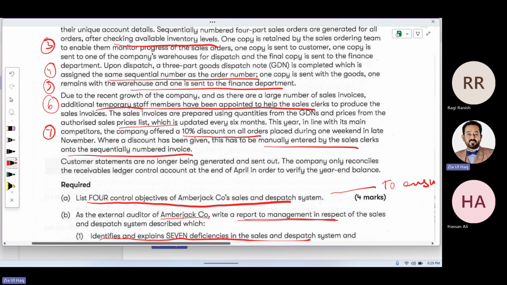Either you are charging more, or if you are charging less, this will not be beneficial for the company. So a senior person other than the sale clerk, like a sale manager or sale director, should be responsible for assigning discount, and the discount should be entered onto the invoice through an automated system rather than manually to avoid human error.